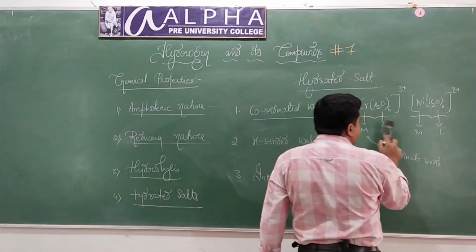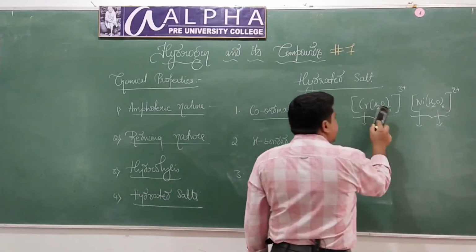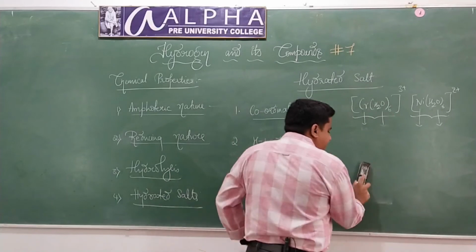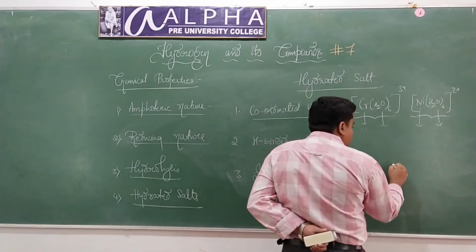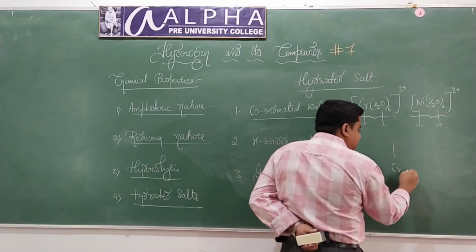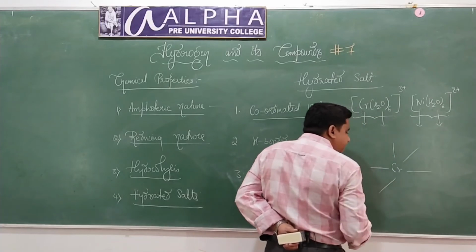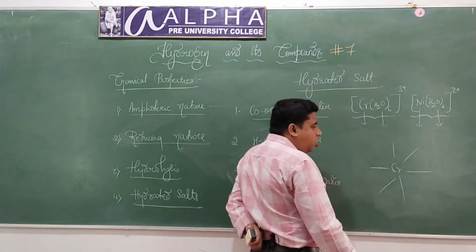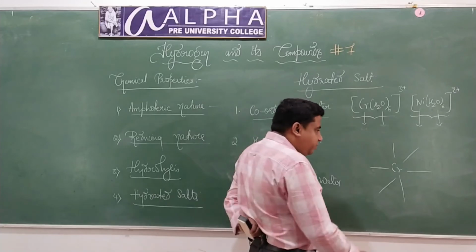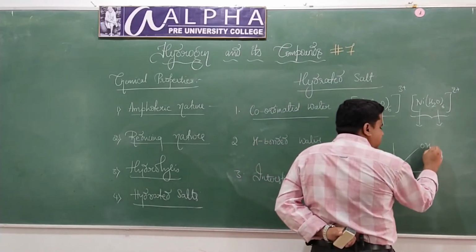For example, observe the structure of [Cr(H2O)6]3+. Look here, chromium is octahedrally surrounded by 6 water molecules, like this.